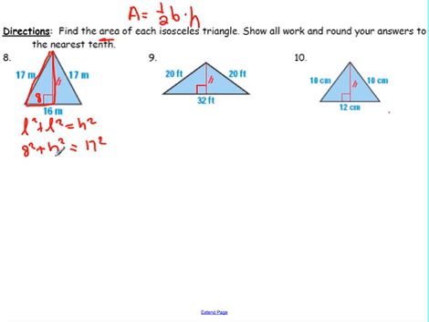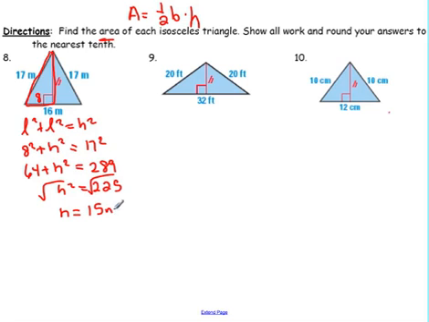It's the height of the triangle, which is technically a leg of the right triangle. So it'll be 64 plus the height of the triangle squared should equal 289. I'll subtract 64 from both sides, and h squared should equal 225. When I take the square root of both sides, the height of the triangle should just equal 15 meters.